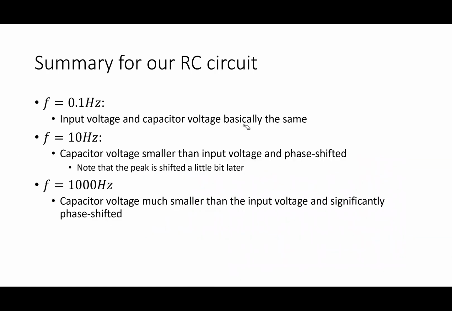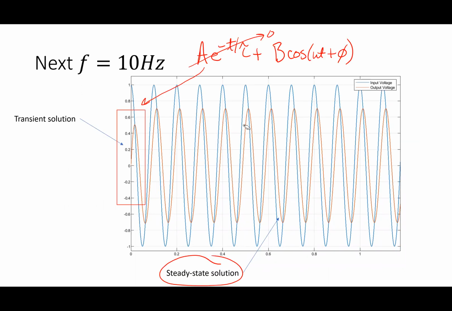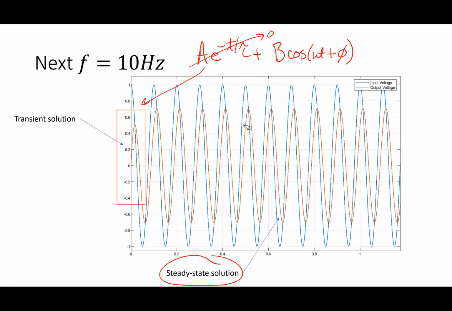So basically, if I summarize what's happening here, if I look at different frequencies, one thing that's important too: does the frequency of the output ever differ from the frequency of the input? No. Never. And it never will, right? If I look at any circuit with R's, L's, and C's, if I put in a cosine source, then what I'm going to see is cosine outputs.